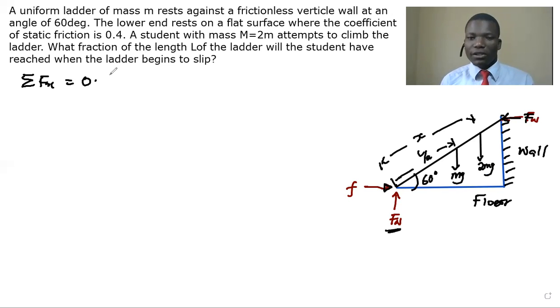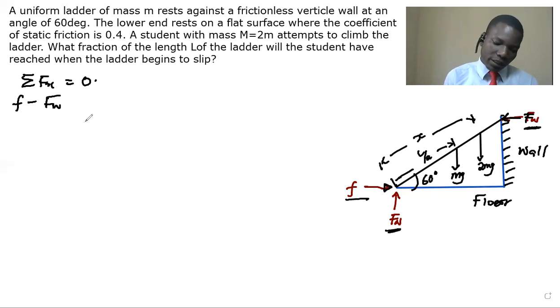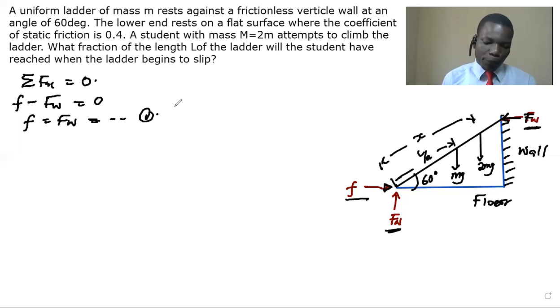In the x direction the only forces are the friction force and minus the normal force exerted on the ladder by the wall, F subscript W for wall. So this should be equal to 0, so the friction force is equal to F_W. Let this be equation 1.